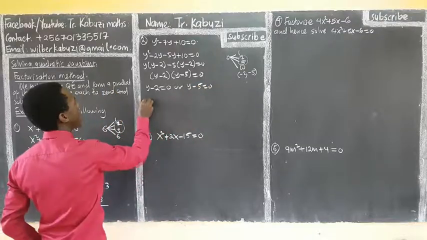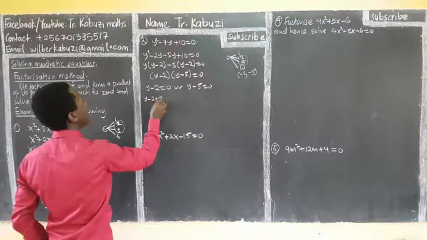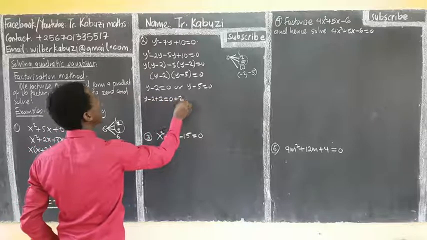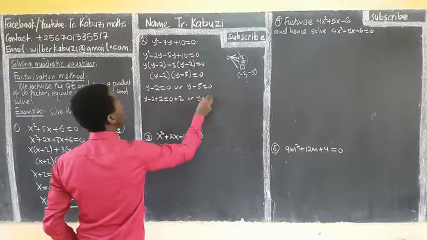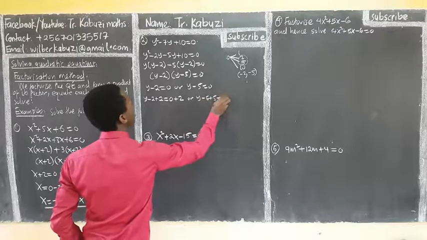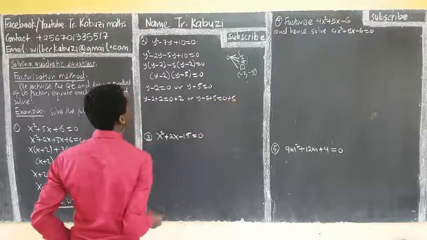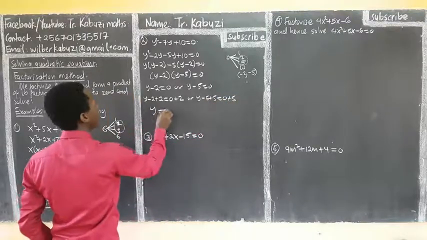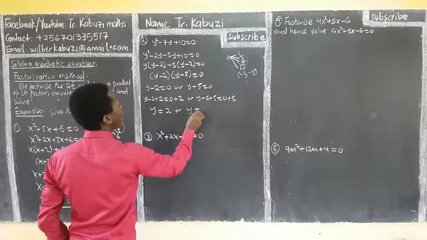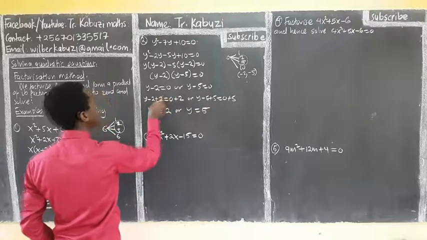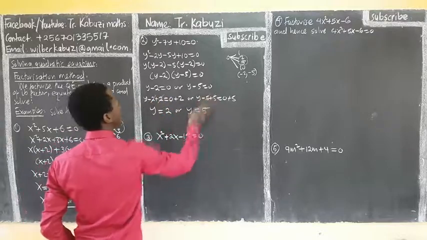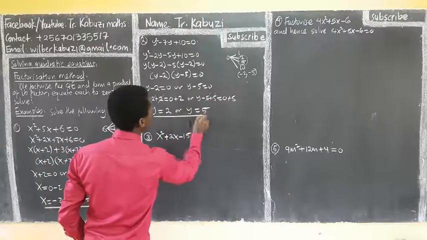So y minus 2 plus 2 equals 0 plus 2, or y minus 5 plus 5 equals 0 plus 5. So my y will be 2, or my y will be 5. This cancels, then also this cancels, and that will be our answer there.